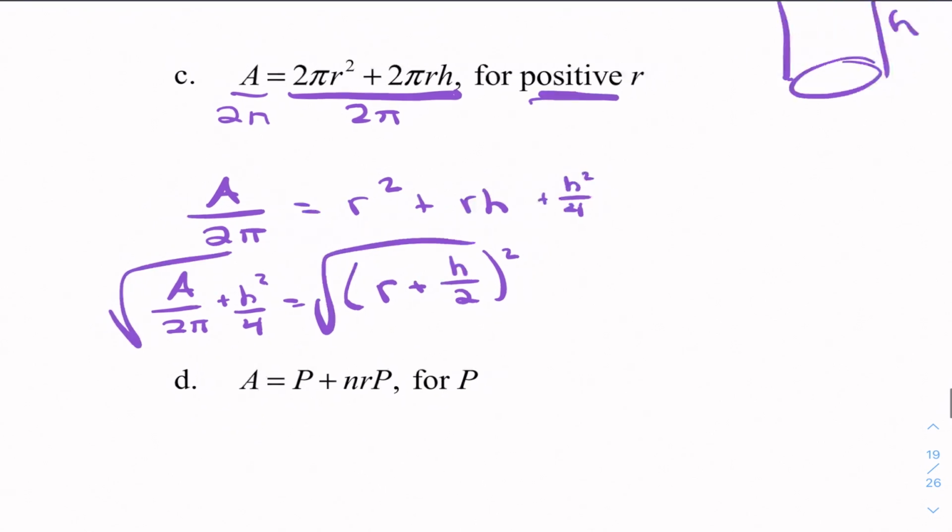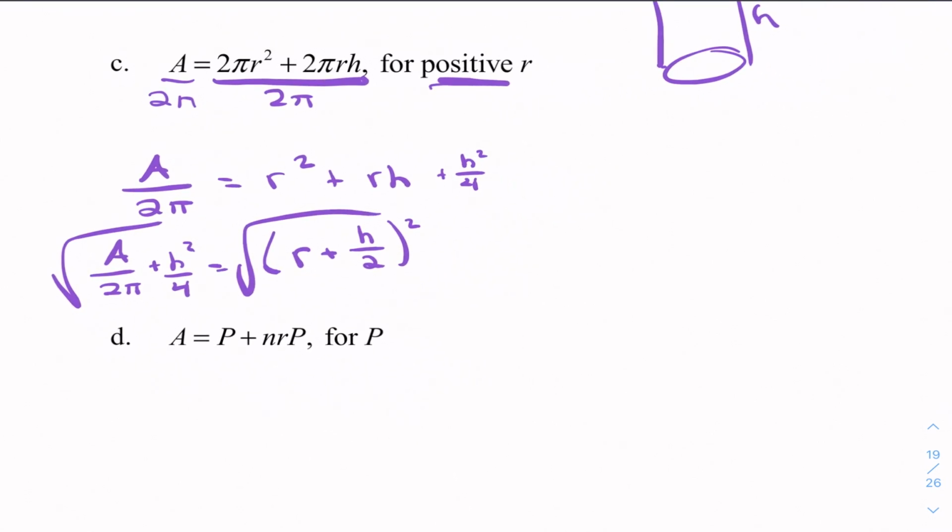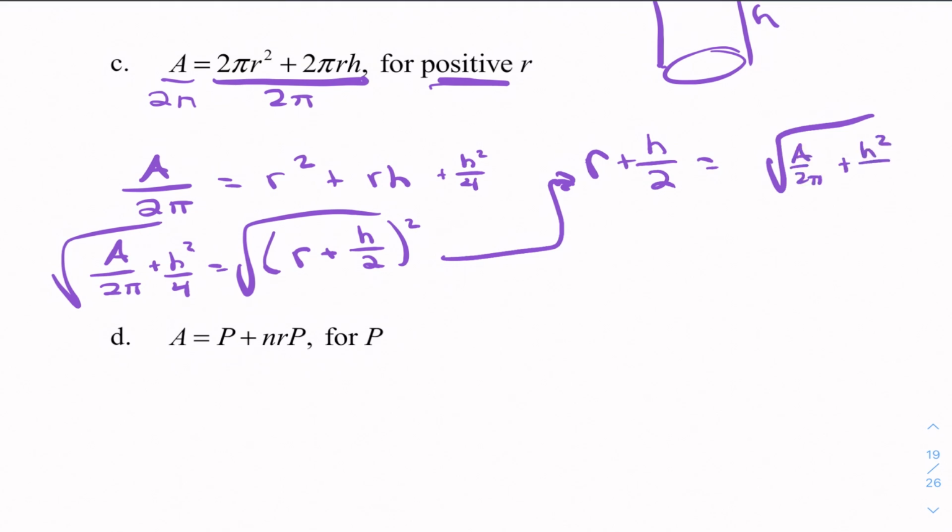And since it says positive, we don't have to write plus or minus. So we're left with r plus h over 2 equals the square root of A over 2 pi plus h squared over 4. And then all we have to do is subtract the h over 2 term. So that would leave me with negative h over 2 plus the square root of A over 2 pi plus h squared over 4.